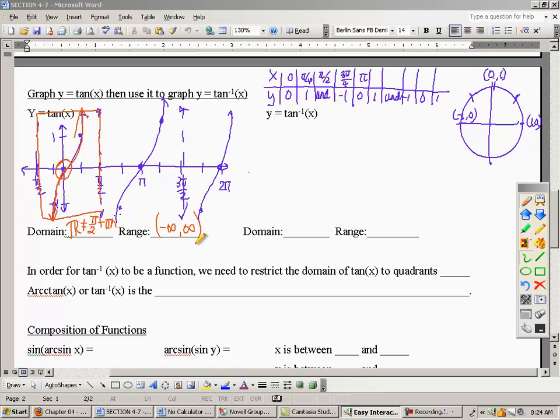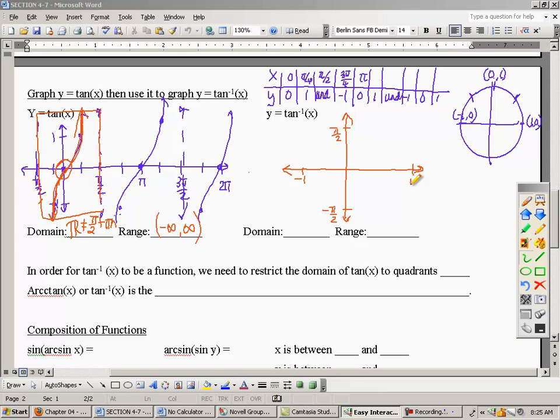So I'm going to take this one branch of my tangent, and I'm going to use that then for my inverse. So if I make these, my angles, instead of being at the x values, they're now going to be my y values. So negative pi over 2 and a positive pi over 2. And my y values of negative 1 to positive 1 now become my x values.